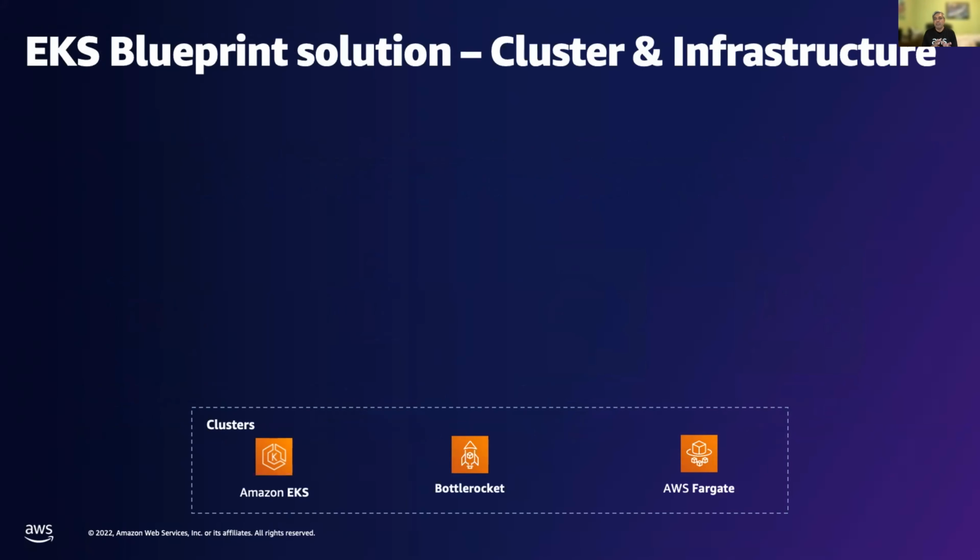So when you start with the basic components of EKS Blueprints, it's really cluster and compute capacity. That's the foundational piece that starts off, and it includes the Amazon EKS cluster configurations, such as cluster versions and control plane logging, as well as data plane setup, like Fargate or managed nodes or any custom combination thereof.